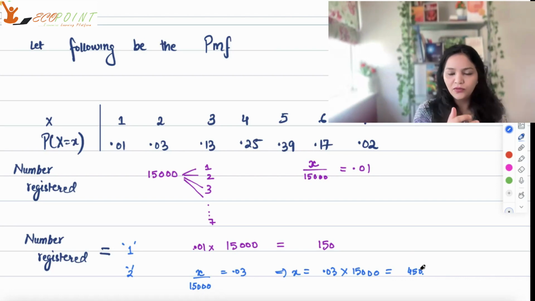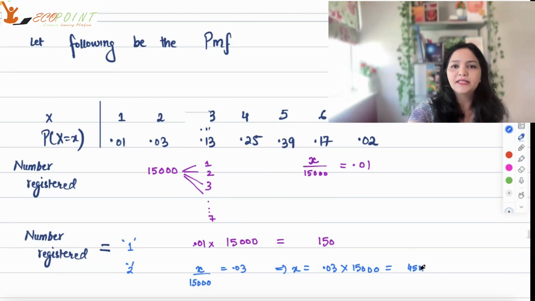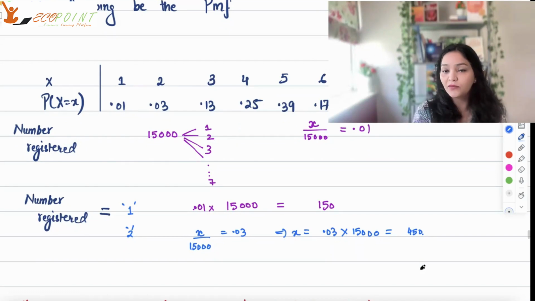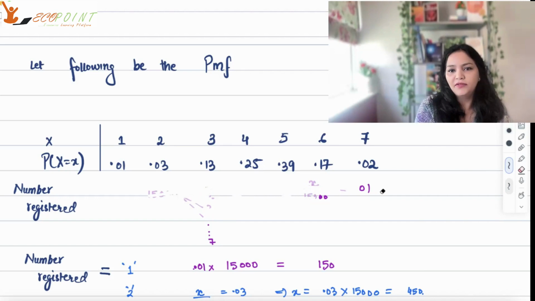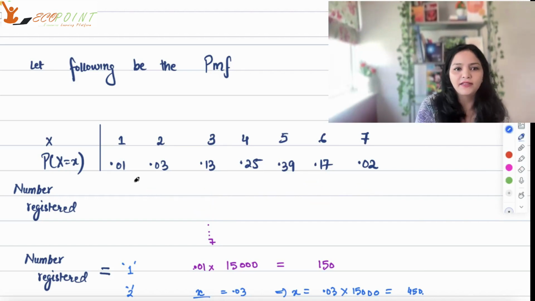So try to relate it to the probability: the number of students who are registering for a certain number of courses, just associate it in terms of probability, because probability is given to us. Now why is this important? I will talk about it when I'm explaining this entire thing to you.